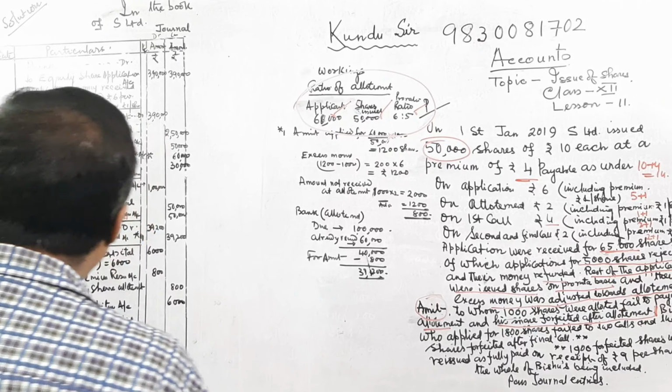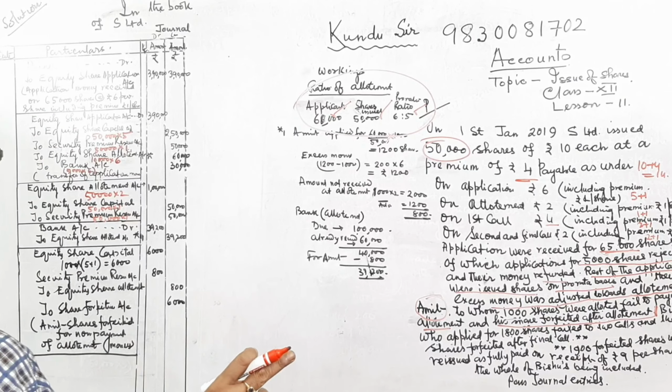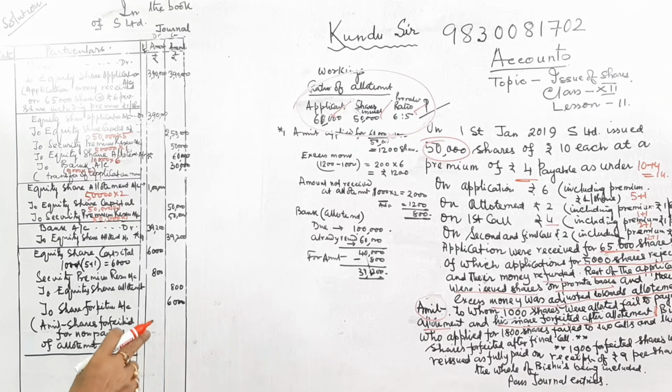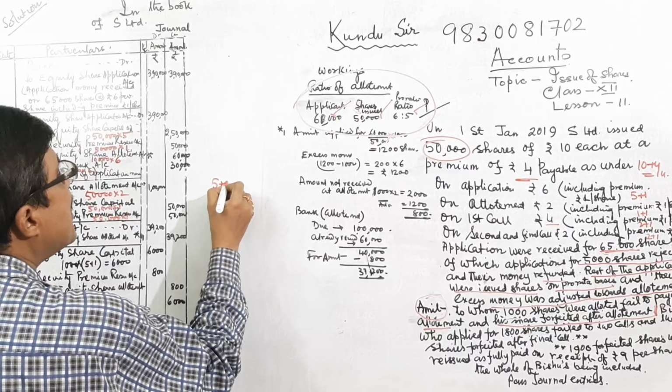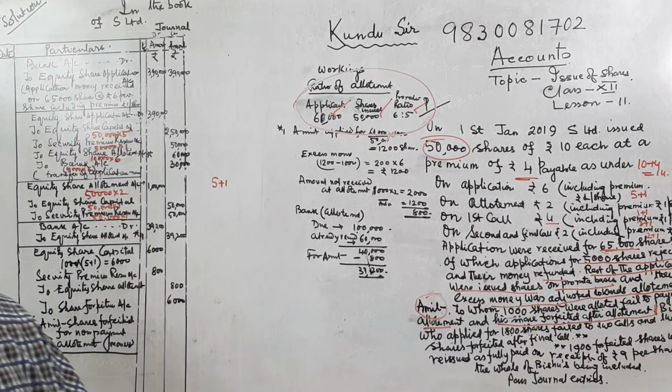Now first we are getting share applications on 65,000 shares at the rate of rupees 6 per share, 5 rupees for application and 1 rupee for allotment.